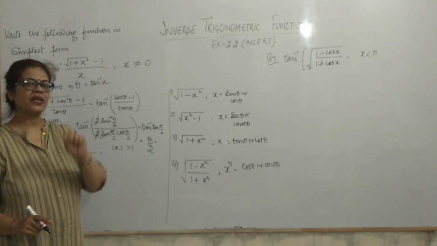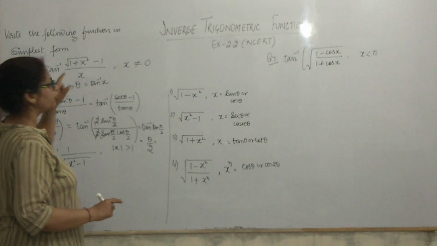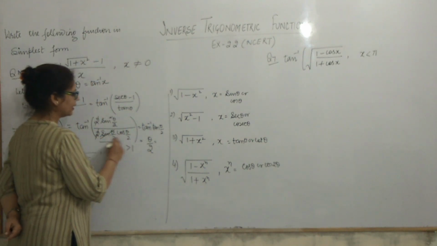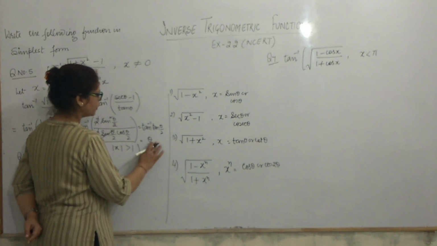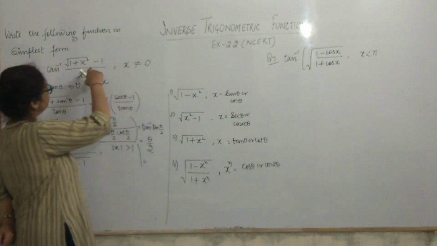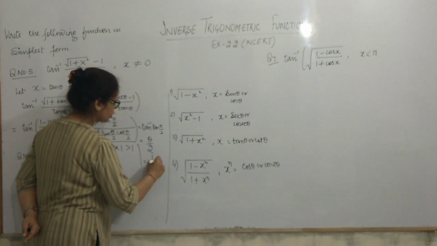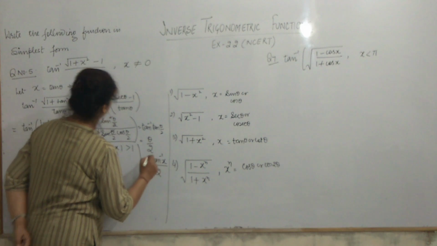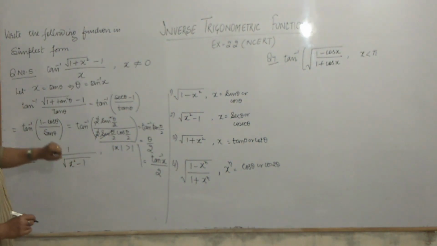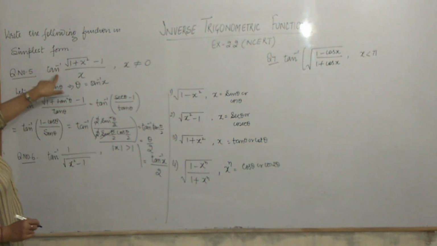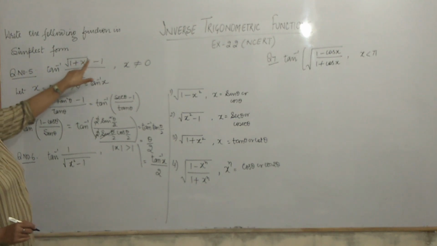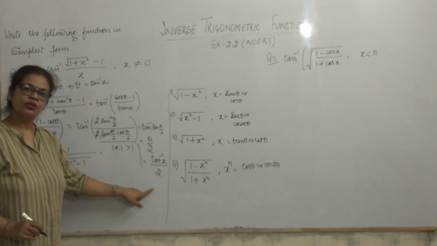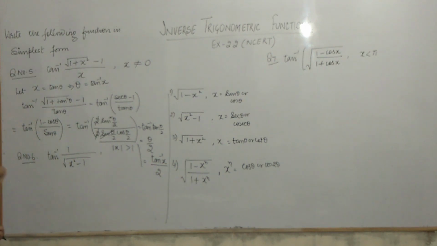Your answer must be in the variable which was given to you. So you cannot leave your answer in terms of theta. You must write your answer in the given variable x. So theta is equal to tan inverse x. So here is your answer: half of tan inverse x. So the simplest form of tan inverse of square root of 1 plus x square minus 1 upon x is equal to tan inverse x upon 2. Now moving to the next question.